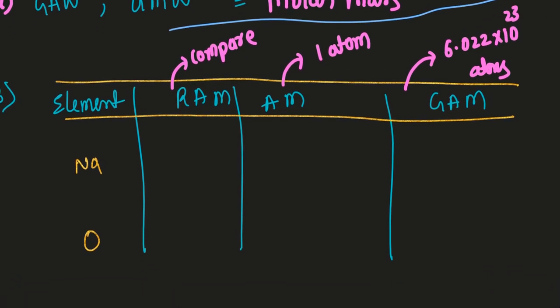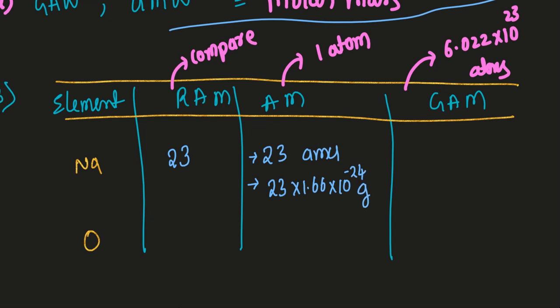Coming to sodium, what is the relative atomic mass of sodium? 23. Atomic mass is 23 AMU. But we know the value of 1 AMU, so instead of writing 23 AMU, you can write 23 × 1.66 × 10^-24 grams. Gram atomic weight is nothing but 23 grams.